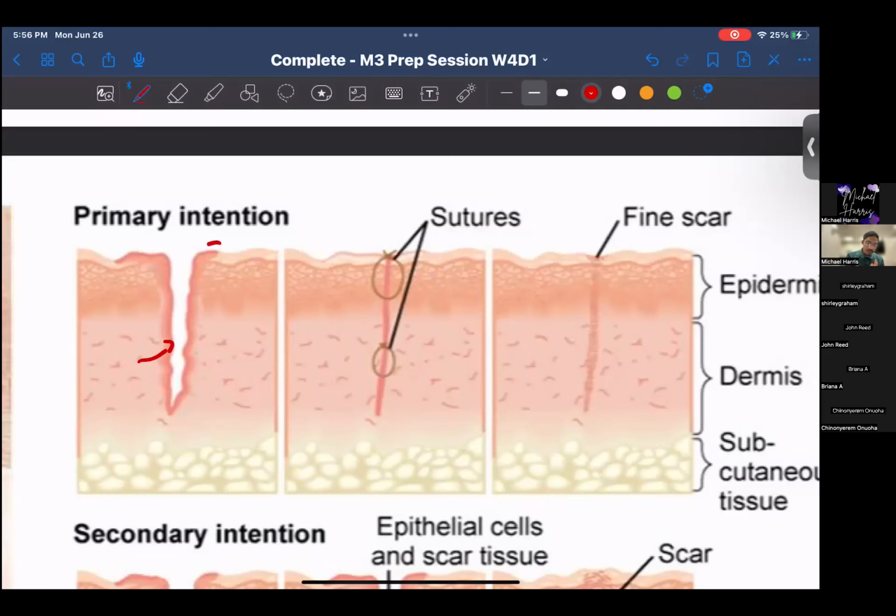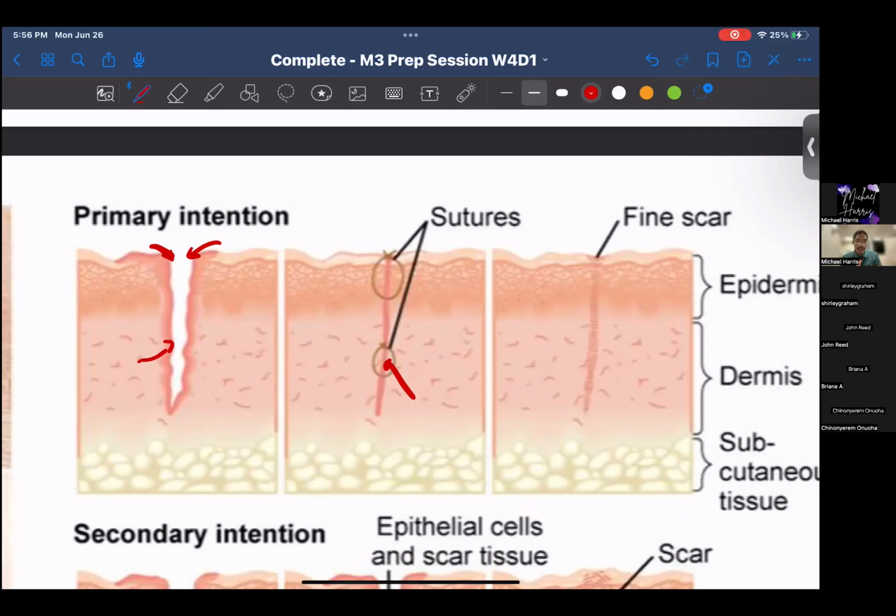This is going to start to fill in with regeneration, but it won't fully be able to regenerate, and the majority of it will fill in with fibrosis. Okay? However, when you take sutures and you bring them together and you suture the tissue together, you see how small of a distance now there has to undergo regeneration. So small of a distance that the amount of fibrosis that occurs is very minimal.